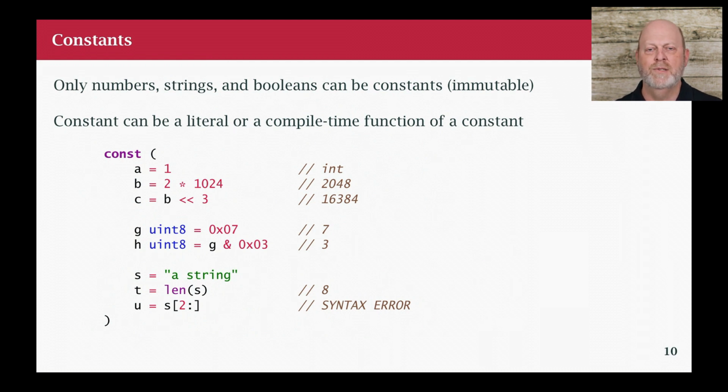And the reason Go does that has to do with concurrency. Go is a concurrent programming language from the get-go. And it's good to have constants that are immutable to be safe in a concurrent programming language. Again, I can't unpack all of that right now because we haven't even started concurrency. But there's very good logical reasons why Go limits constants to things like numbers and strings, because they are immutable.